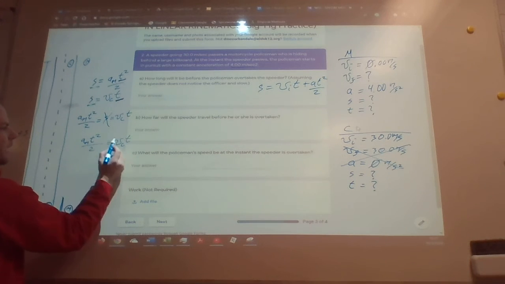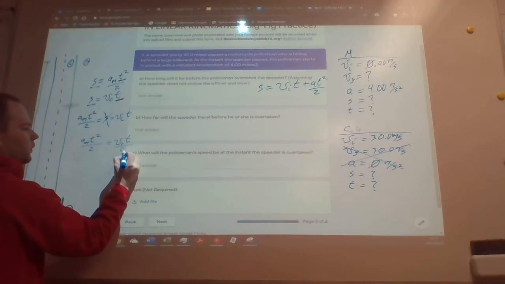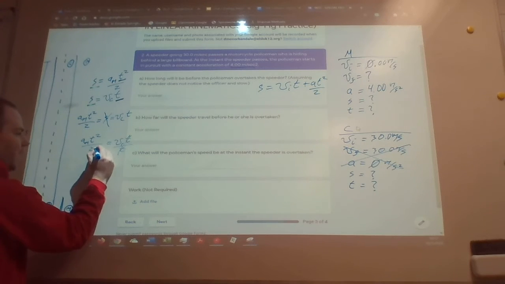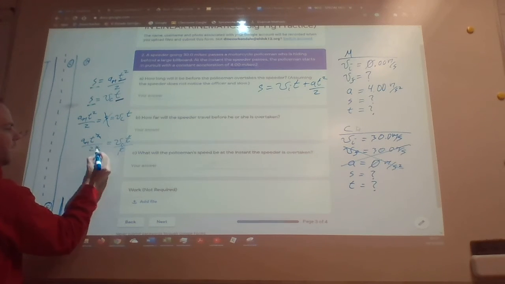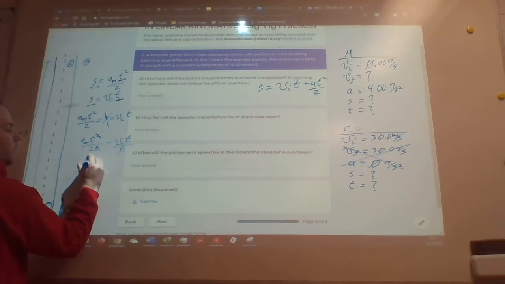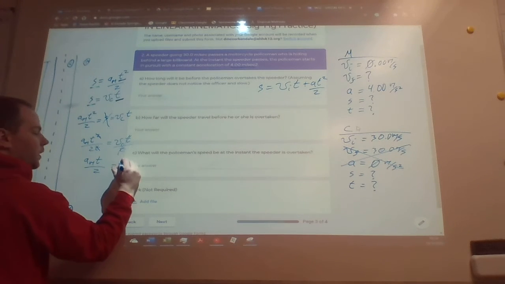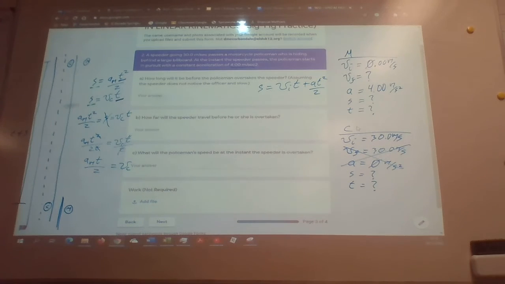Well, we can divide both sides by t. We divide this by t, it's going to cancel. And t squared divided by t is going to cancel out the squared. So the acceleration of the motorcycle times time over 2 is equal to the velocity of the car.